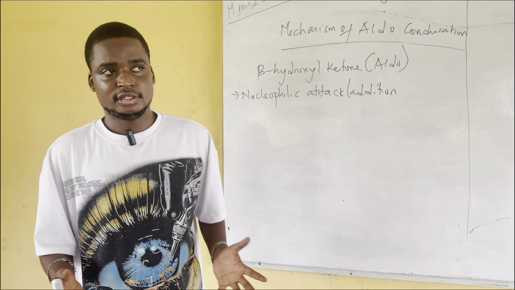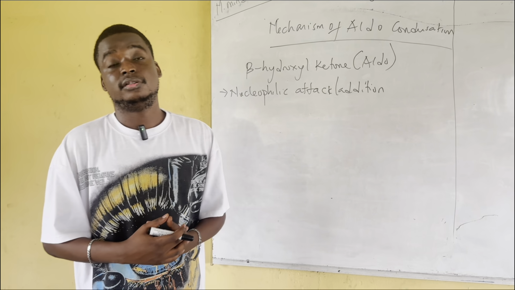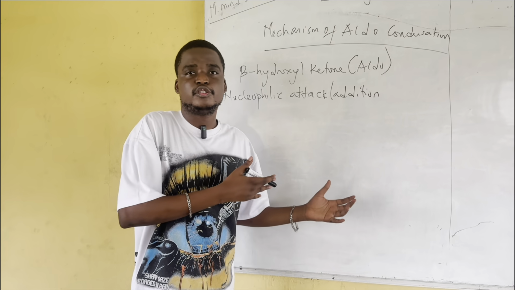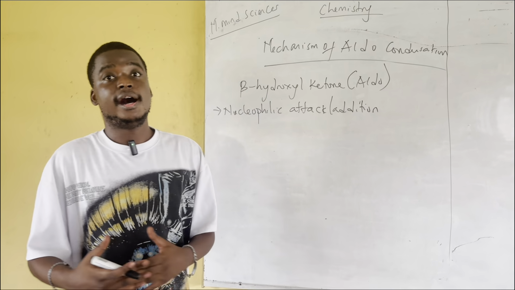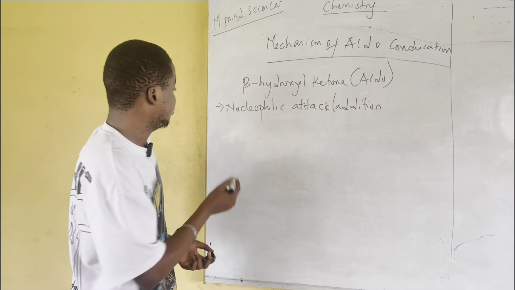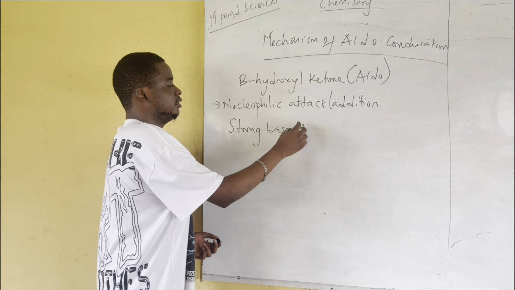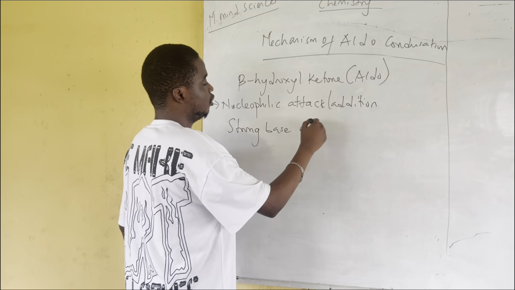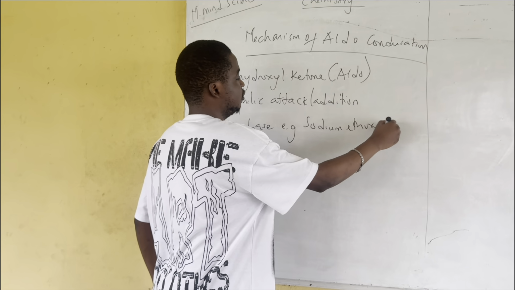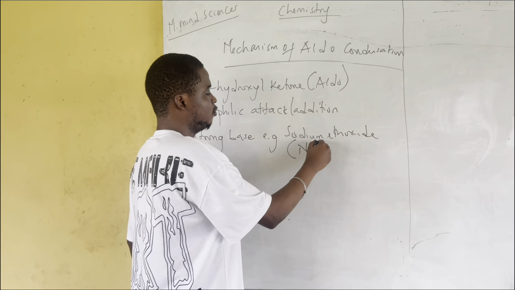A strong base. So strong bases like sodium hydroxide, even hydroxyl radical, also a strong base. But the two I like using are either sodium hydroxide or hydroxyl radical. So the aldol condensation reaction requires a strong base, e.g. we have sodium hydroxide, the common way of writing it in most cases will be sodium ethoxide.